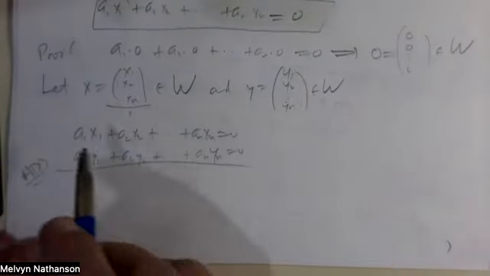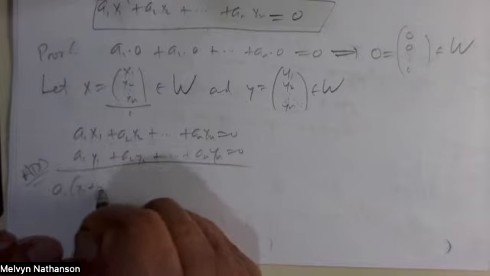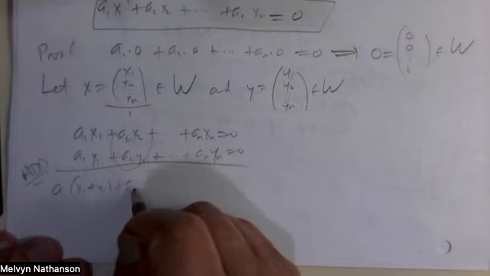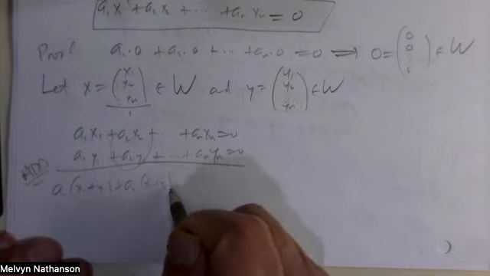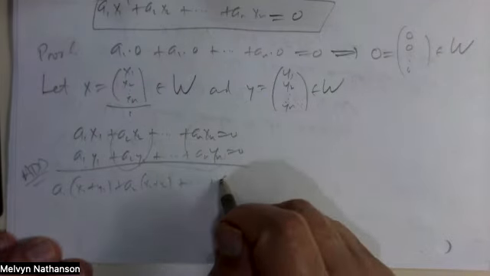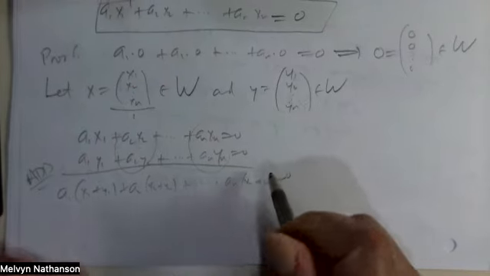Add these two equations. This plus this is a1 times x1 plus y1. Add these two, you get a2 times x2 plus y2. And all the way along, when you add the last two terms, you get an times xn plus yn is 0.